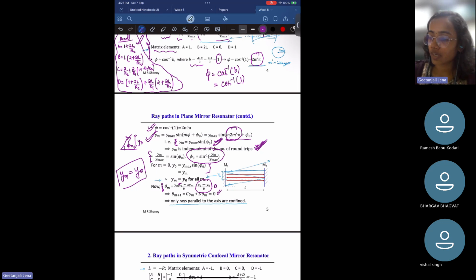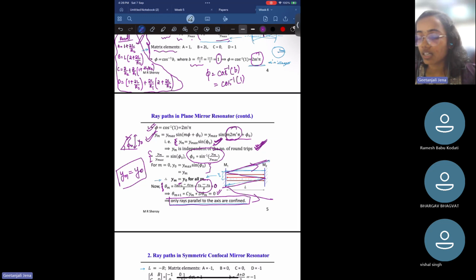The ray paths which make an angle with the resonator axis will eventually escape from this plane mirror resonator setup. So please remember, in the plane mirror resonator only the ray path that is parallel to the axis is confined, and the others are not confined.